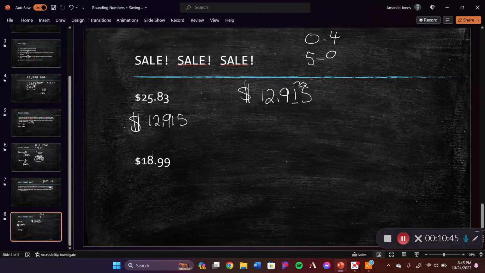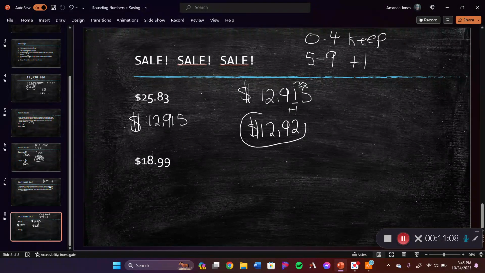Okay, now see if you guys can remember for yourselves what goes here. Who said keep for the 0 to 4 range? That means the 5 to 9 is add 1. So 5 means we're going to add 1. Okay, so 12.92. So this person would have to pay $12.92 for their candy for this sale.